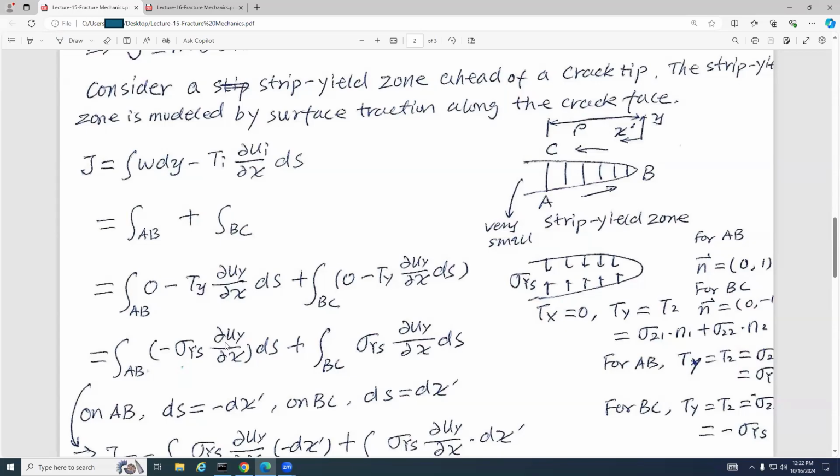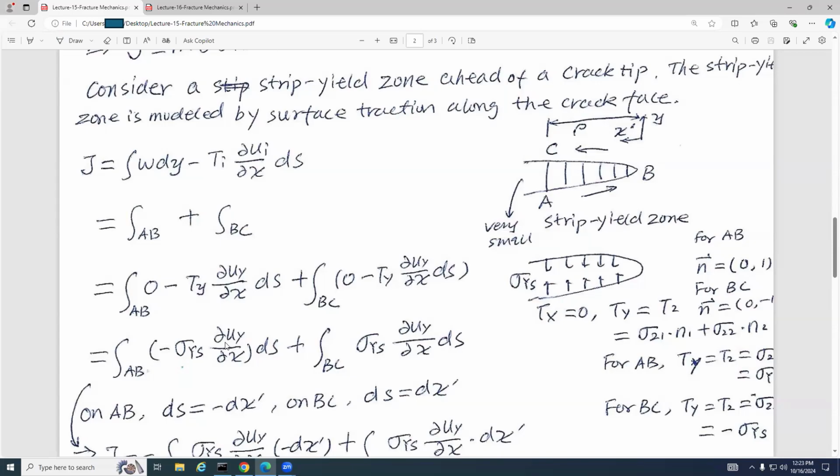And this equals sigma ys and duy and dx. You understand? Okay, this is how we go from here to here. Right? Now, the same thing for this one.